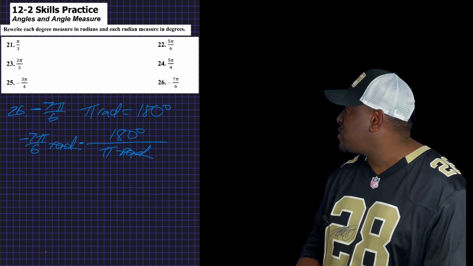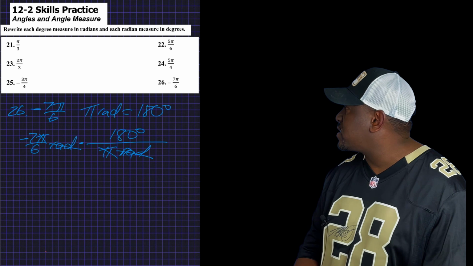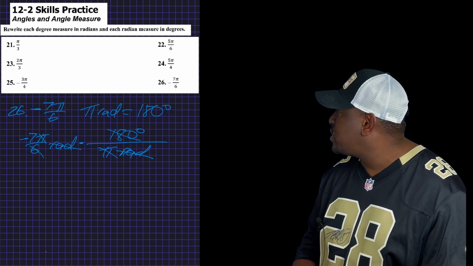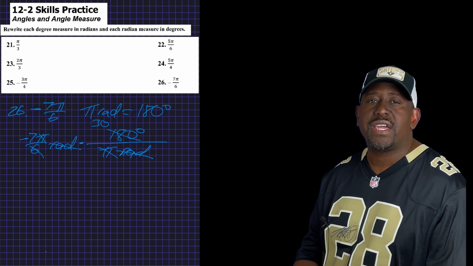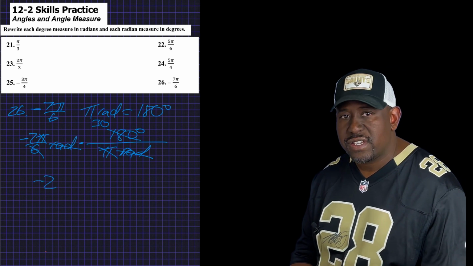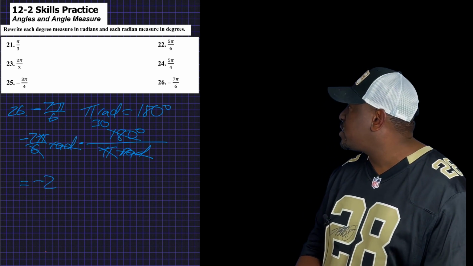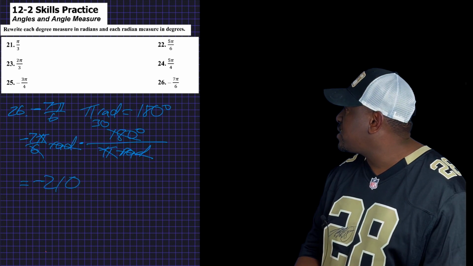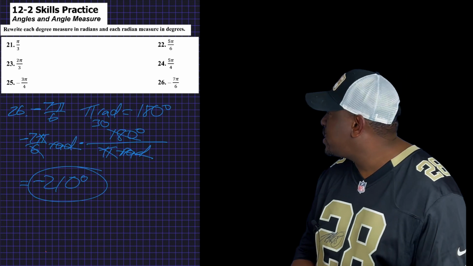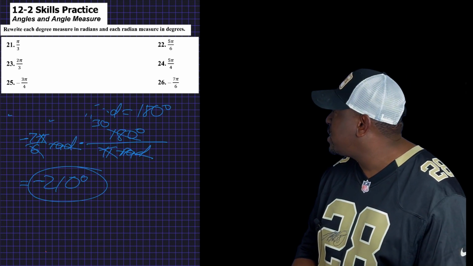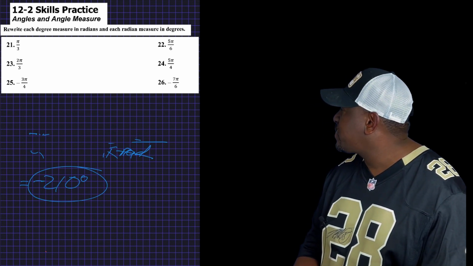Factor out the radian, factor out the pi. 6 goes into 180, 30. 30 times negative 7 gives me negative 210 degrees. And that should be our final answer here. There we go. Negative 210 degrees. So we have done that.